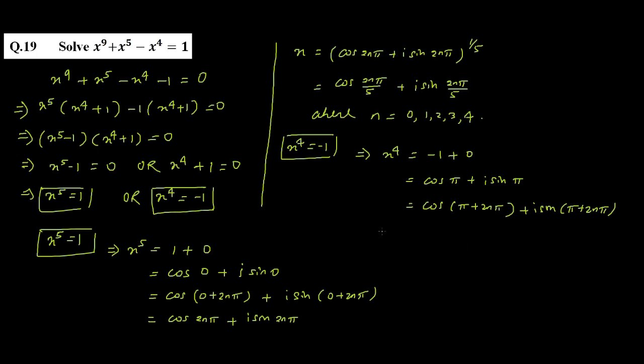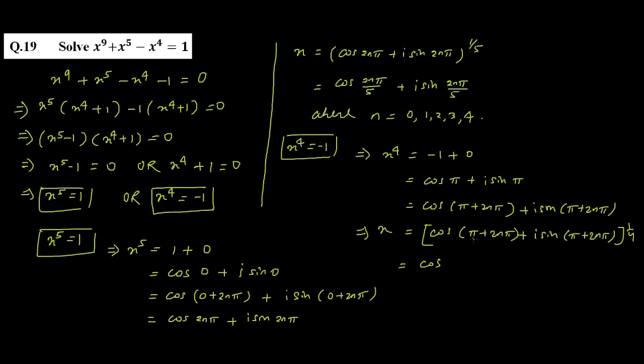If I'm going to find out x, I'll take power 1 by 4, that is (cos(pi plus 2n pi) plus iota sine(pi plus 2n pi)) to the power 1 by 4. So this will become cos, this 1 by 4 will multiply with the argument, that is pi plus 2n pi.